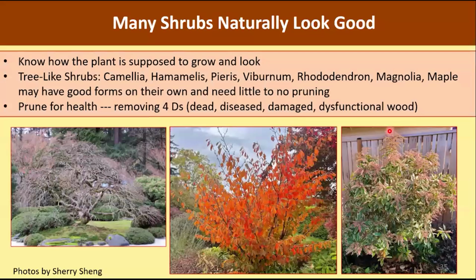Pruning these trees really should focus on the health, and that's removing the 4 Ds: dead, diseased, damaged, and dysfunctional wood. And what do I mean by dysfunctional wood? I'm talking about those branches that are grown toward the center, crossing or rubbing others, or the ones that are overly vigorous and creating undesirable or unpleasant form for the tree or the shrub.